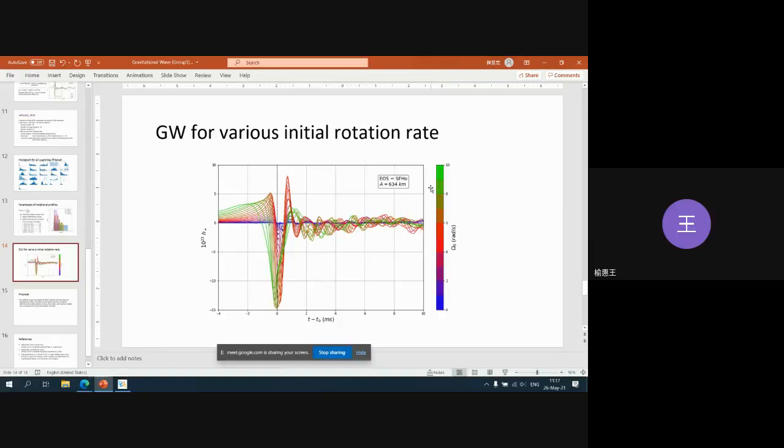Is that right? Yes, and this part is only for a certain equation of state, and the A is also a certain one. So it will have many kinds of features, and different waveforms with different features. So it's not easy to see the rotation rate straightforwardly. Yeah.